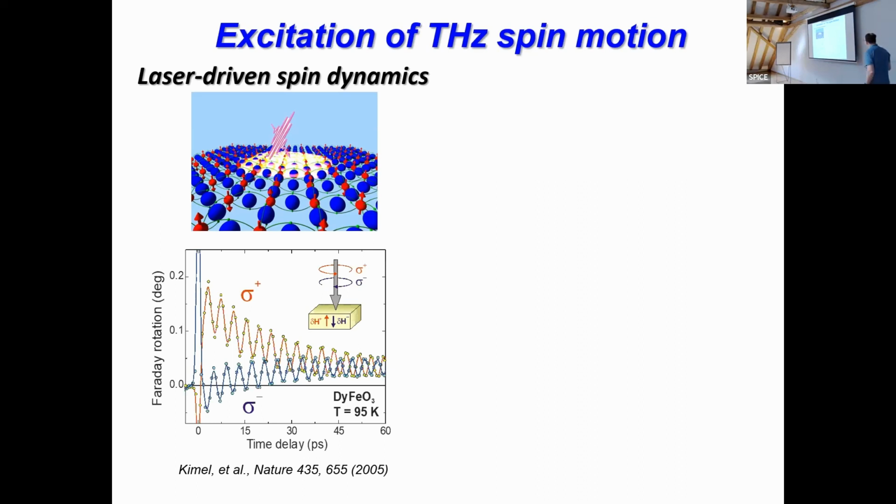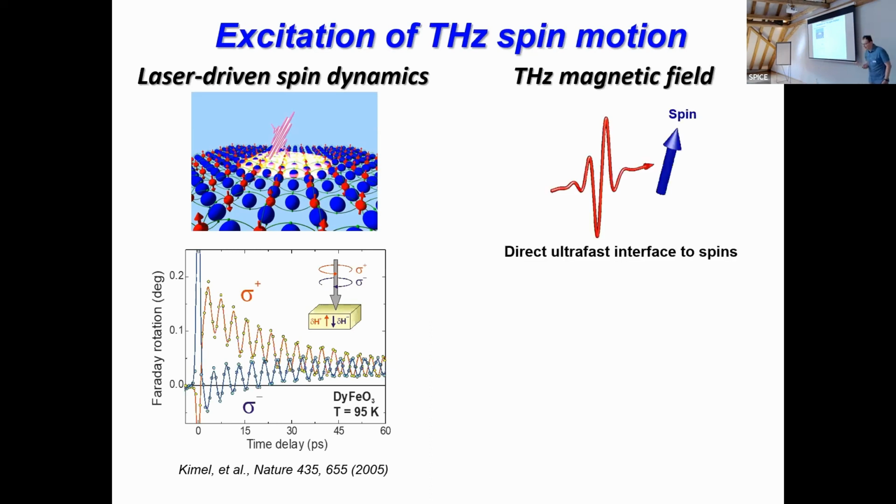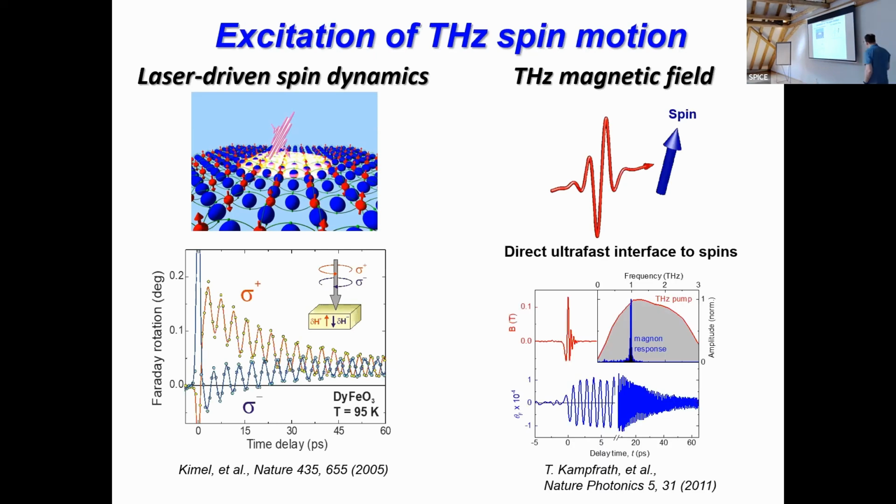An alternative approach is the direct excitation by the resonant terahertz magnetic field, which was first demonstrated later, in 2011. In all these experiments, the first interpretation was to assume that it is a homogeneous excitation, so the antiferromagnetic mode has zero k vector.